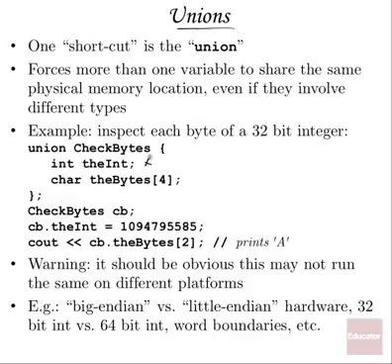So here we have a check bytes union that consists of two variables. We have the int, which is a 32-bit integer on most machines, and then we have the char bytes array, which is 4 bytes on most machines. These two variables share the same physical memory inside the computer.